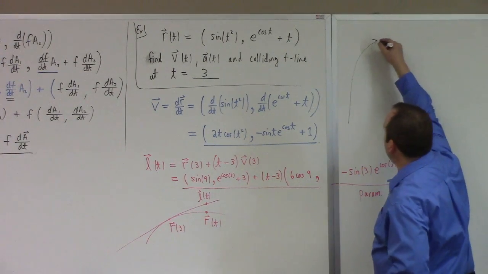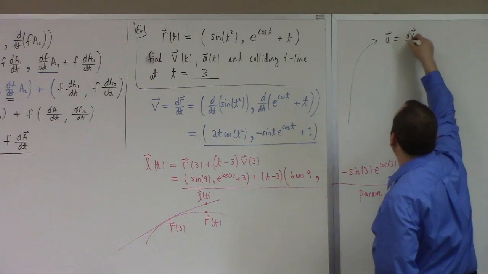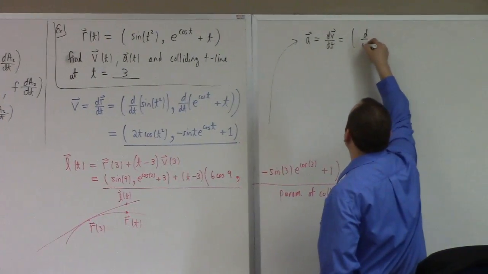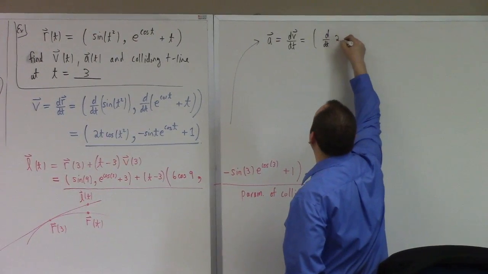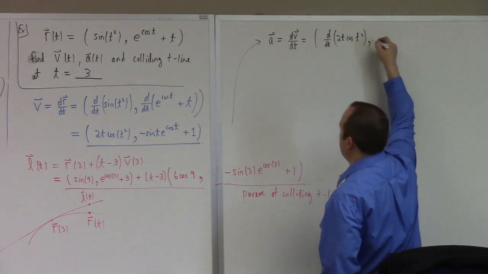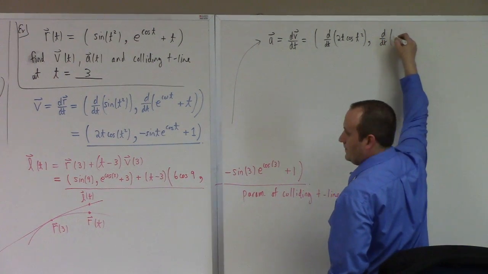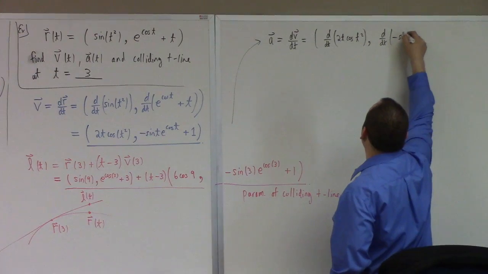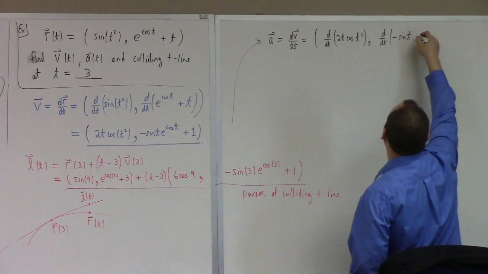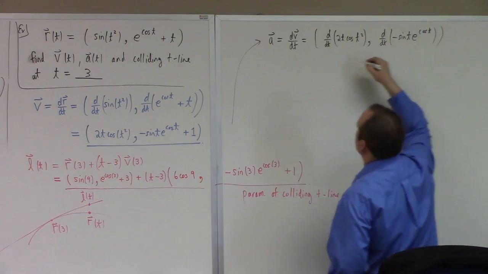Acceleration is a little bit unpleasant here. dv dt. So what do I have to do? I have to take d dt of 2t cosine t squared, comma, d dt of minus sine t e to the cosine t, like so.